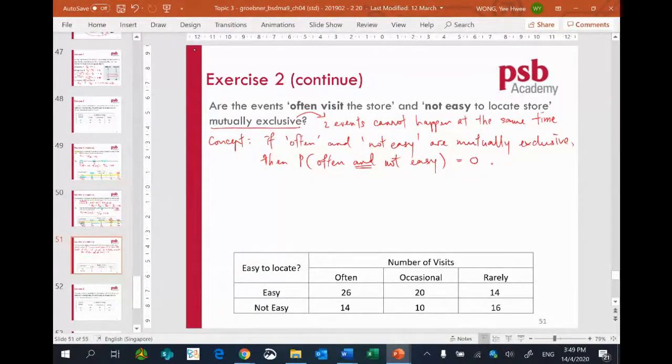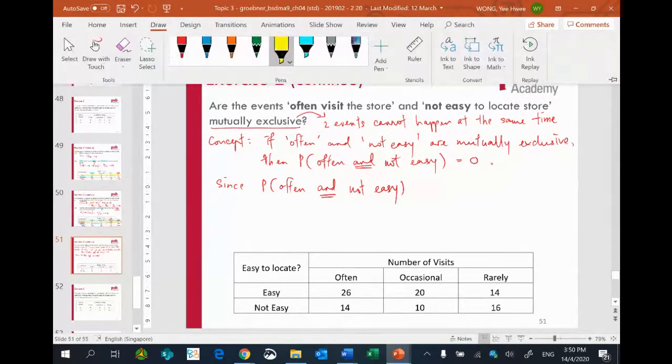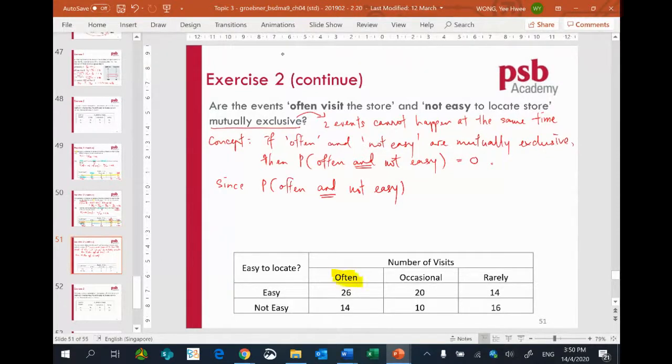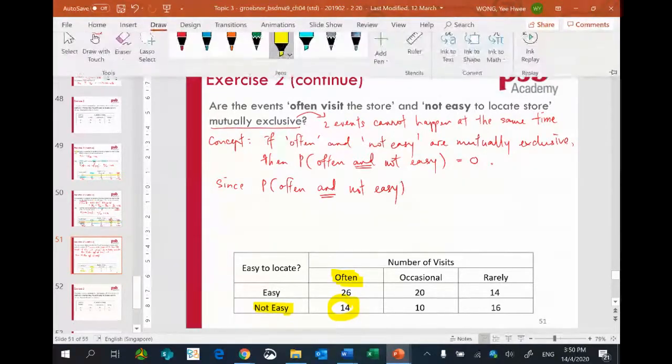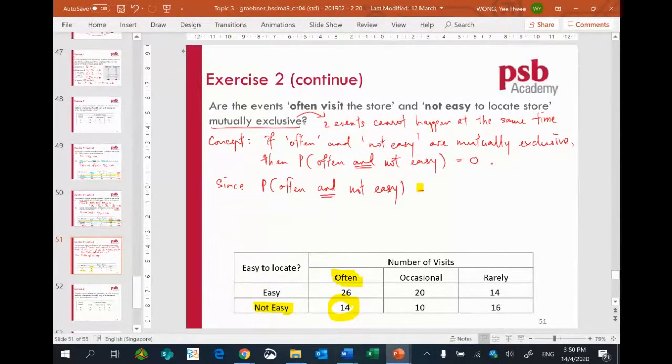So the chance of it happening at the same time, which is denoted by this intersection, will be 0. So we're going to find out how much this actually is. So find out the probability of often and not easy. Often, not easy. This one.